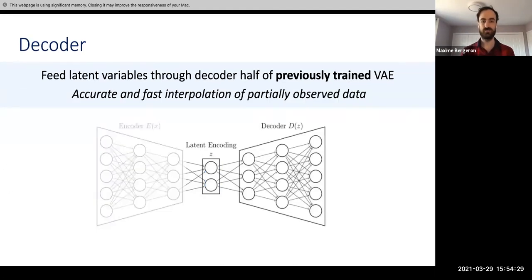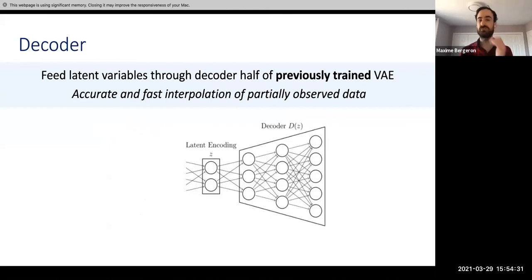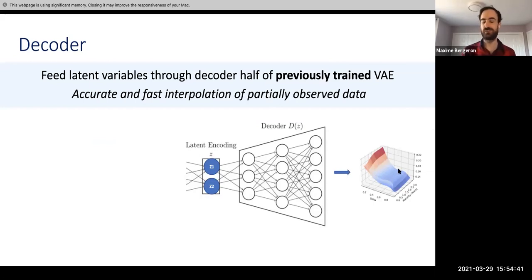Conversely, you can chop off the encoder half and then you can just move around in latent space and see what's out there. So you have any two numbers, in this case, Z1, Z2, and they give you a surface. In my case, typically you have a surface where you don't know all the points and you want to know what the whole surface looks like. And you just move around your latent space and find the surface that matches closest on the places you know, and then boom, you've got a full surface.